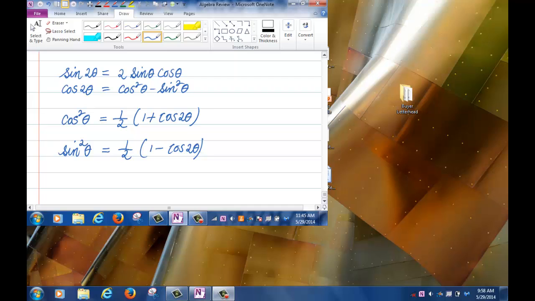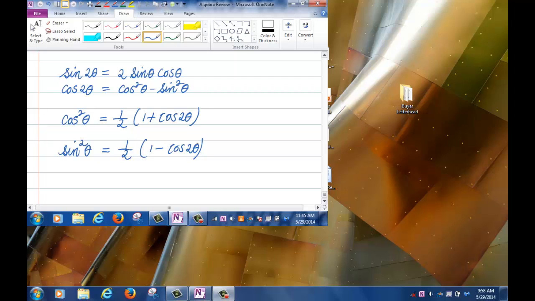However, the angle has been doubled. Could you go the other way? You could, but you wouldn't usually do that. Whenever you use these 2 identities, your goal is to reduce the exponent, so you wouldn't be going back to cosine squared.